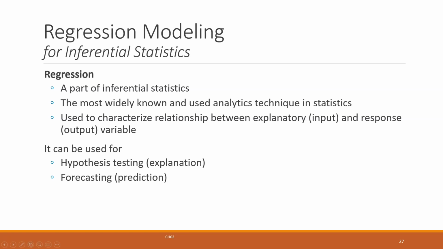And what we might find out is that we have the input, which is their level of education, and then find out their career salaries over time and look to see if there is some kind of relationship between the two. And it might be that the more education a person has, it increases the likeliness that they will have a higher salary in the future. This can be used for hypothesis testing and forecasting.